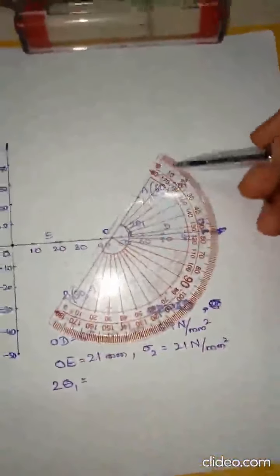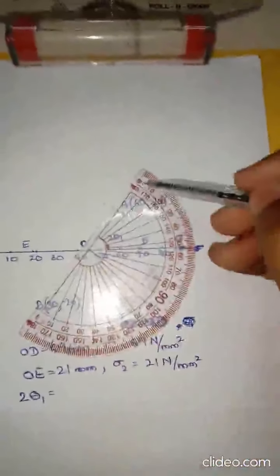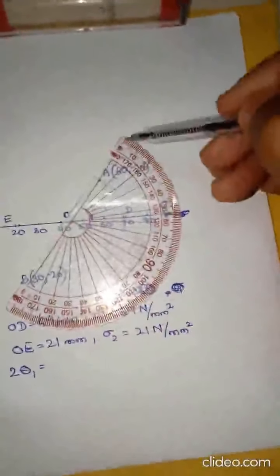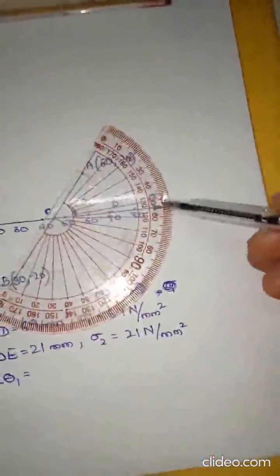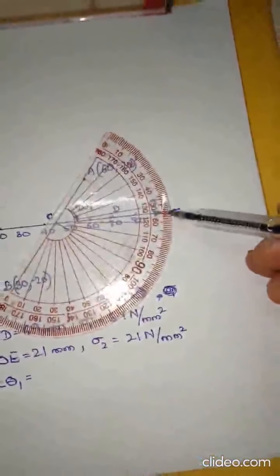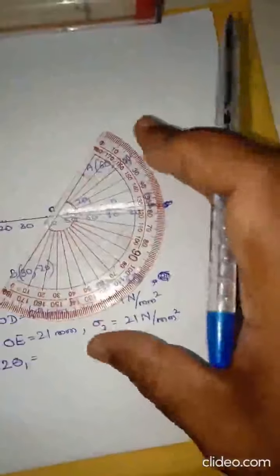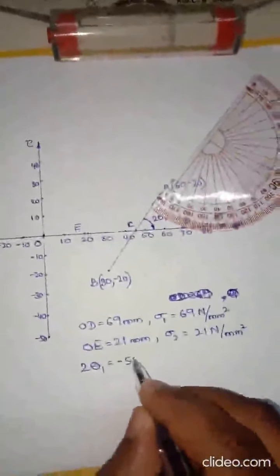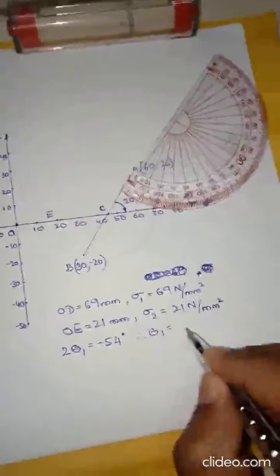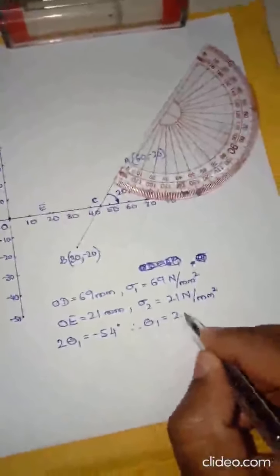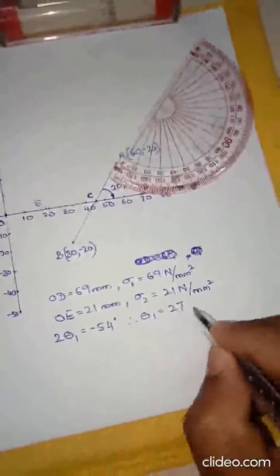Here there are two types of graduation, 0 to 180 and the outer scale is also 0 to 180. Measuring from 0, it is about 54, so this is equal to minus 54 degrees. Therefore theta 1 is equal to 27 degrees.